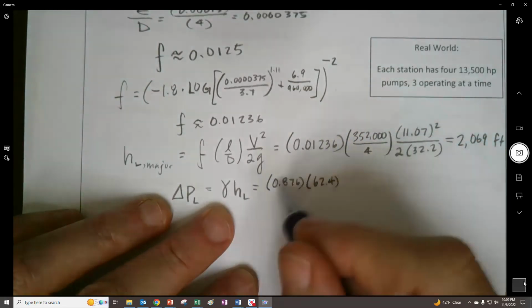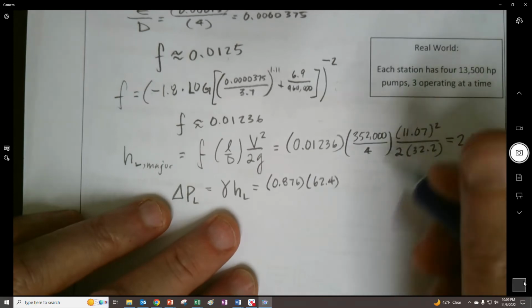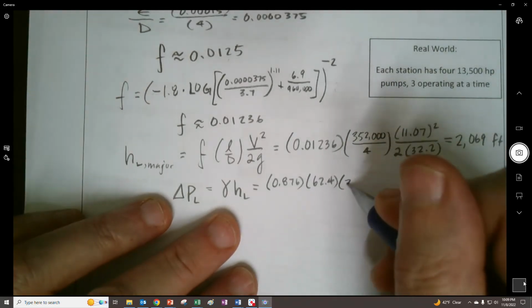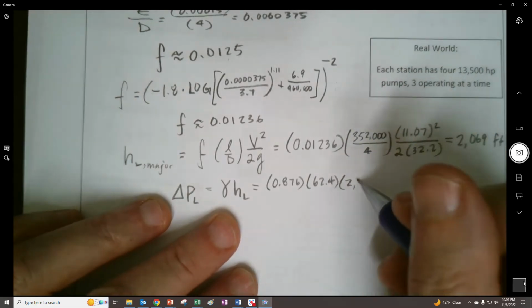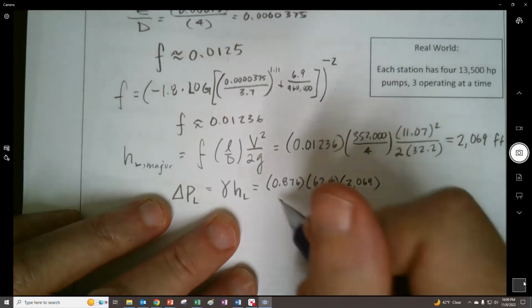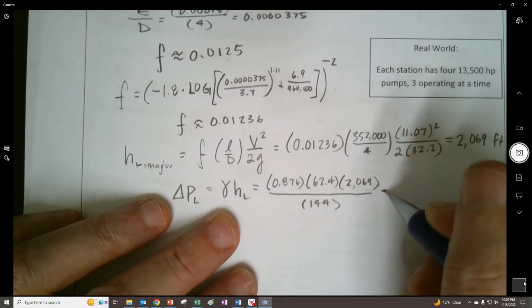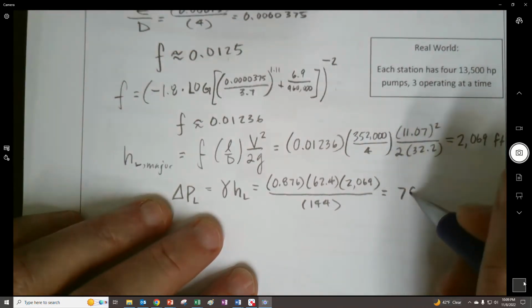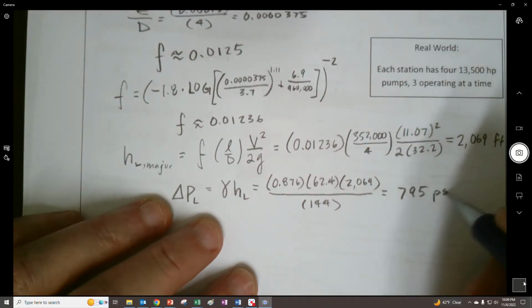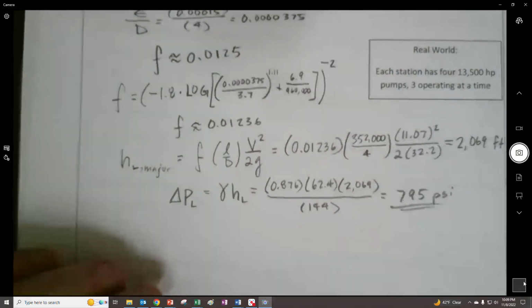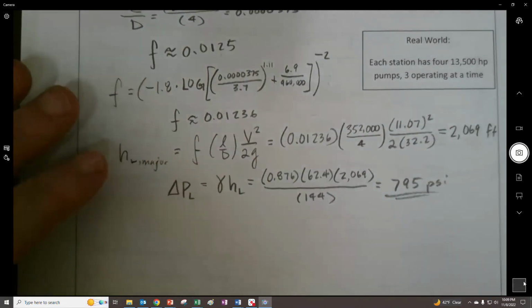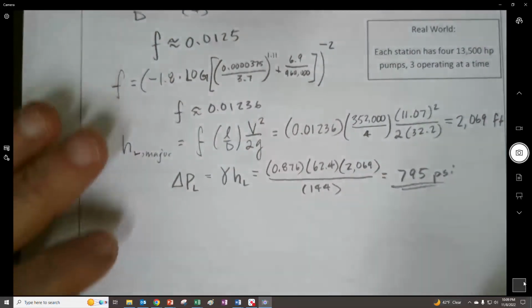And that together gets us the specific weight of that crude oil. And then times that 2,069. And might as well divide this by the 144, so that we get it into PSI at 795 PSI. So that's got to be at least what that pump has to have as a discharge pressure.